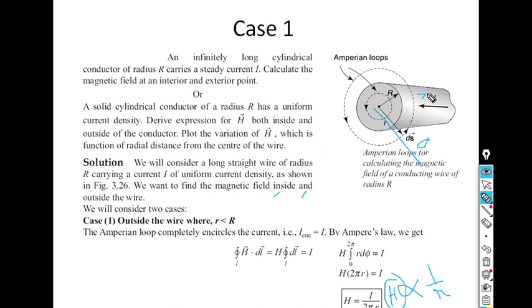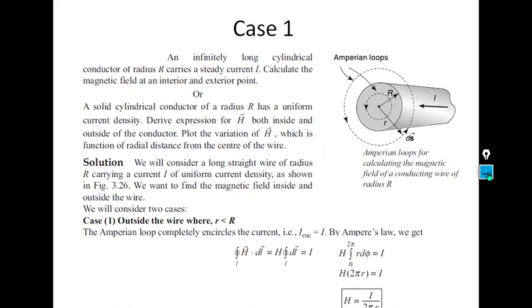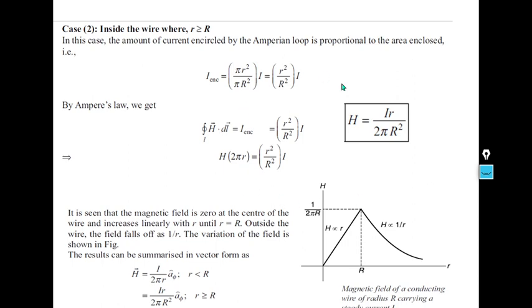Because there is a uniform distribution of current density, current per area is the current density. So J is equal to I by pi R square, the current density. We can find it out the same way.